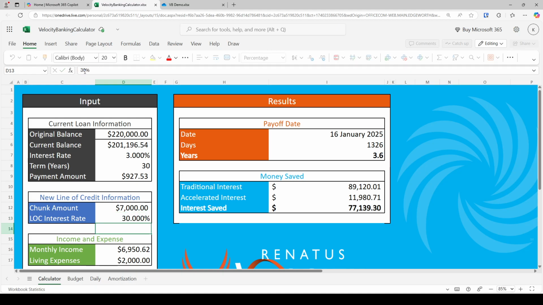Look at that. The difference between 30% and 8% is just a couple of grand, and the time payoff is still the same. I'm assuming if you use a 30% credit card for this for 3.7 years and you were racking up points, it would almost be the same as an 8% line of credit. I might be wrong about that.